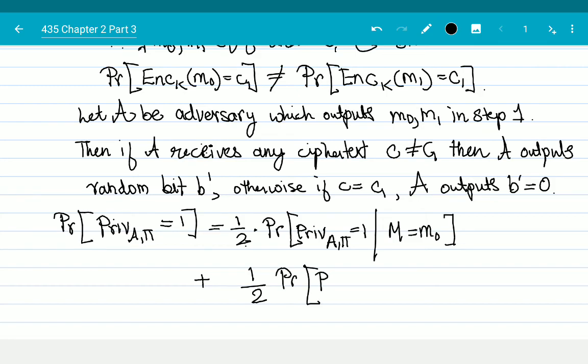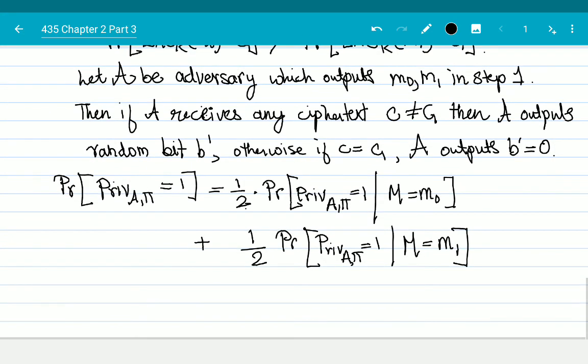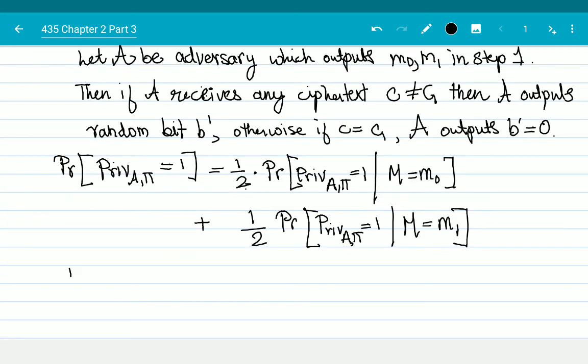plus 1/2 times the probability that the experiment succeeded and the message was actually m1. Okay, now let us compute the probabilities of each of these.